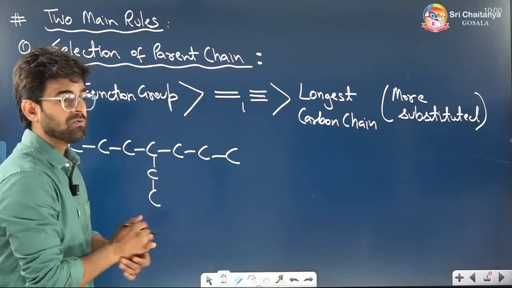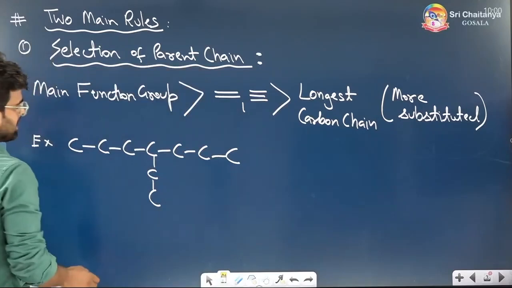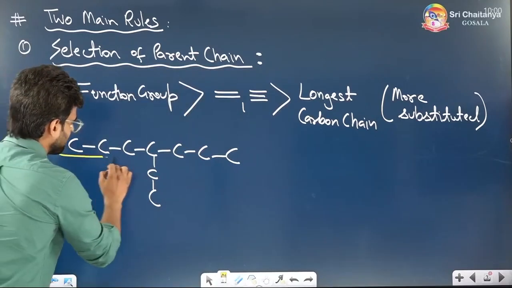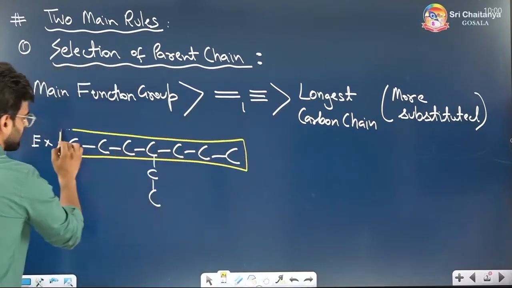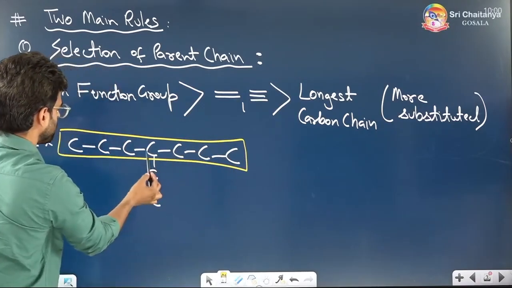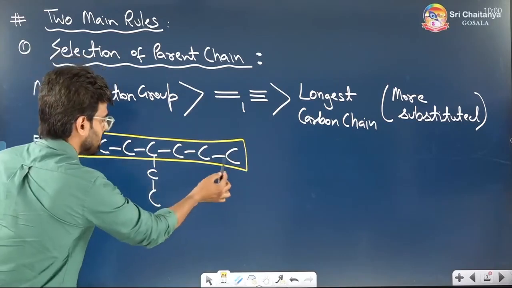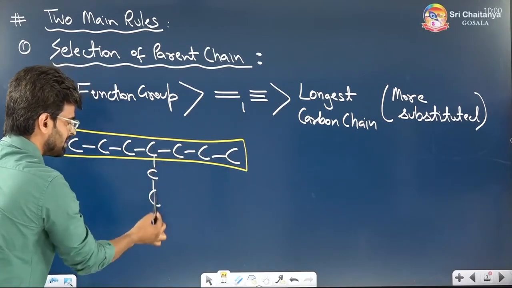Why am I taking the straight chain as my main chain? Look at this. If I take this as my main chain, how many carbons are coming? 1, 2, 3, 4, 5, 6, 7. If I take something else, 1, 2, 3, 4, 5, 6.